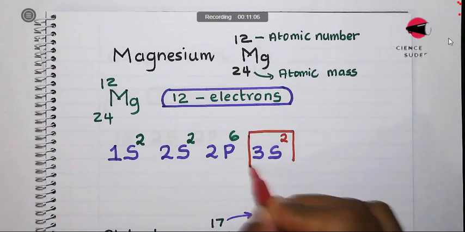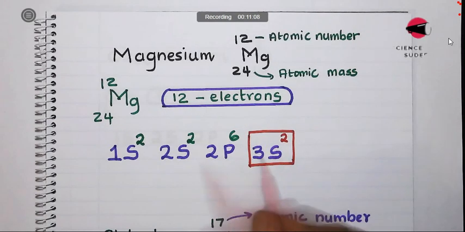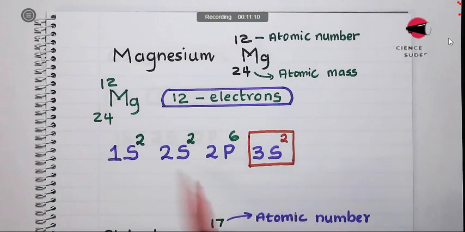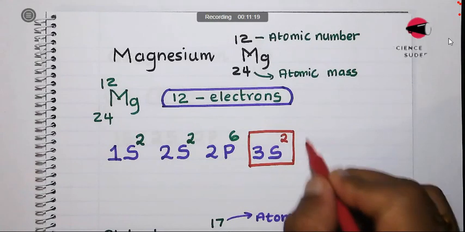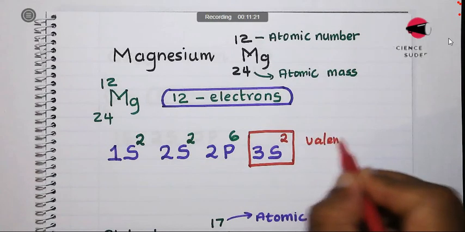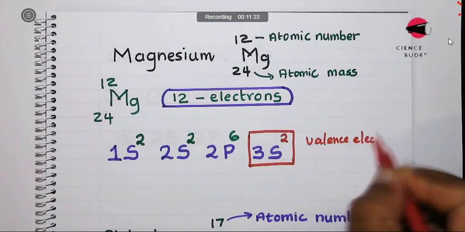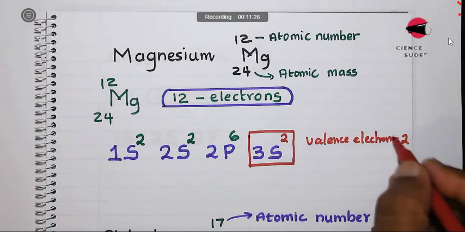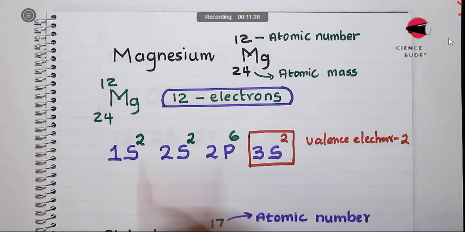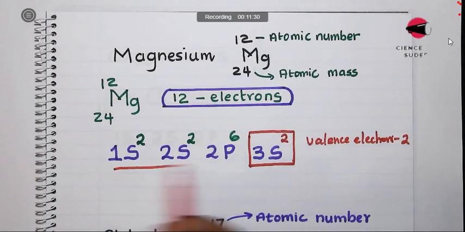The 3s orbital has 2 electrons, and 3s is a different energy level. So we have the first energy level, the second energy level, and the third energy level. This 3s orbital consists of 2 electrons, and that is the valence shell and the valence electrons. So here you have 2 valence electrons, and the rest of the electrons are core electrons.